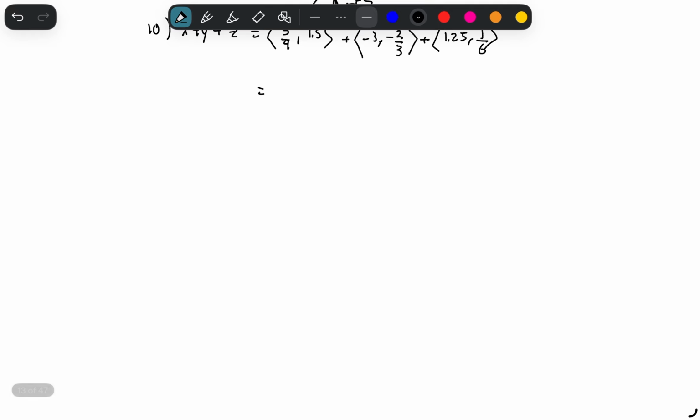So for our x components, we have 5/4 plus -3 plus 1.25. What you can do is write 1.25 as 5/4.